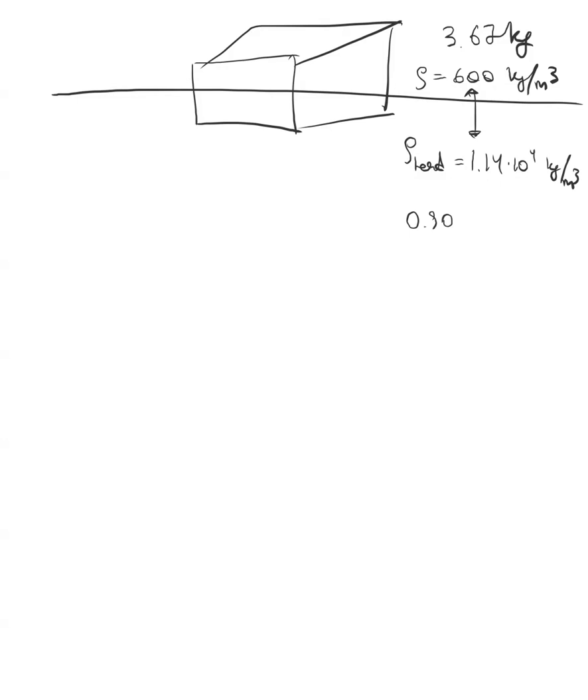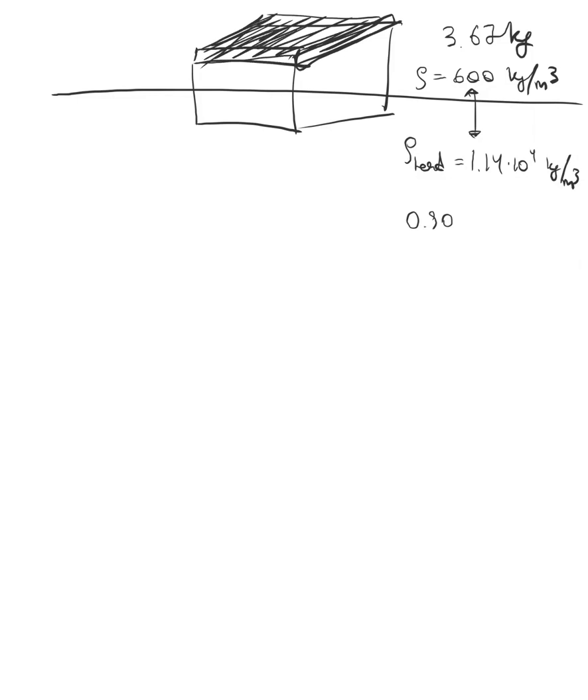The question is, I have to find the lead mass, if it's fitted to the block's top and if it's fitted to the block's bottom. So what I will do is solve only one of those cases, when lead is on the top, and I will leave it up to you to solve the second case when the lead is on the bottom.